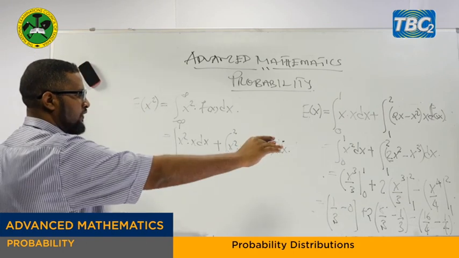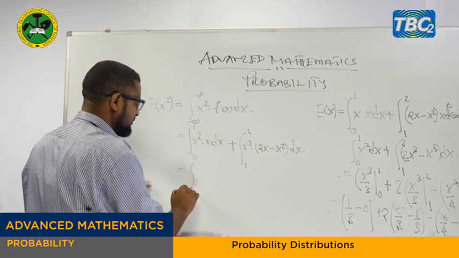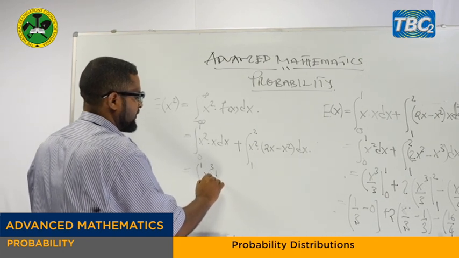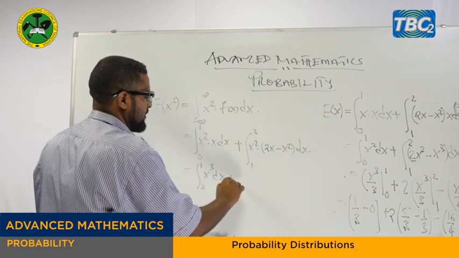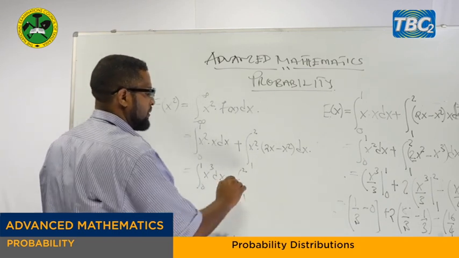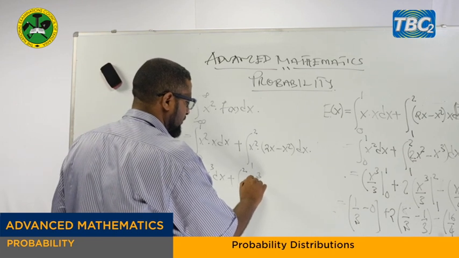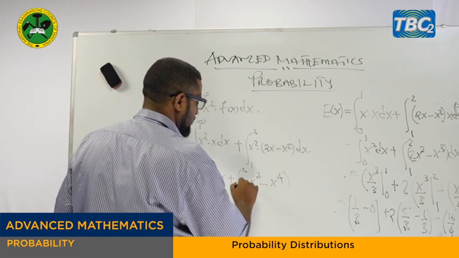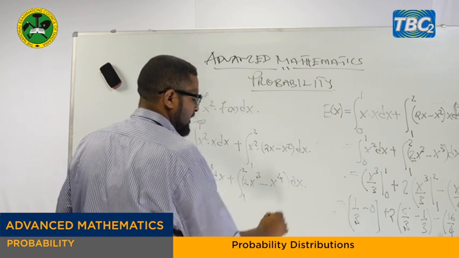Thereafter, simplify first. From 0 to 1, here we are having x power 3 dx plus from 1 to 2, when we open, we'll be having 2x power 3 minus x power 4 dx.